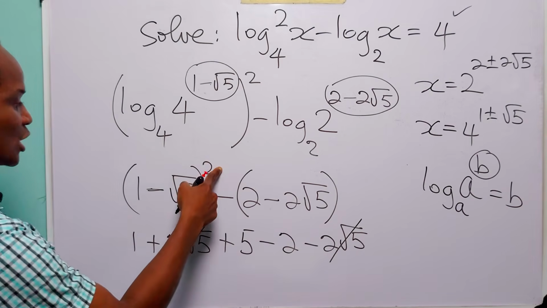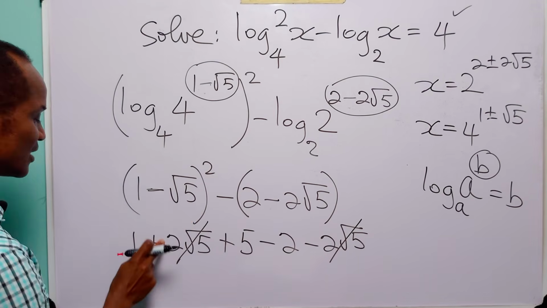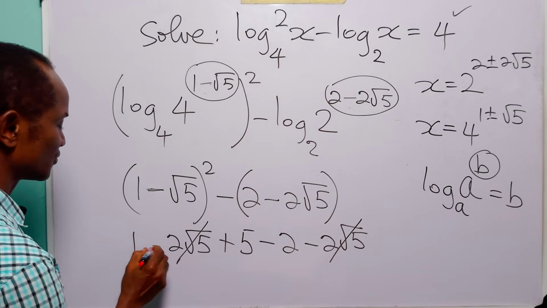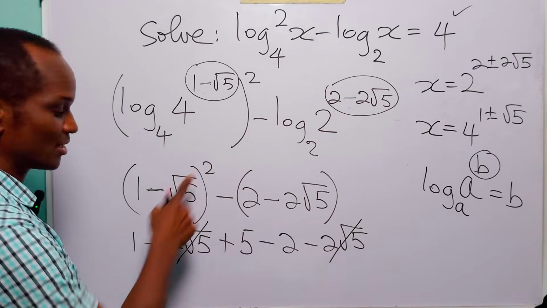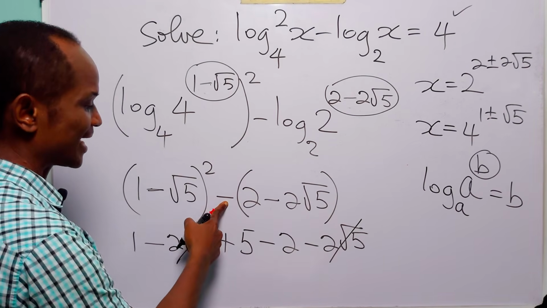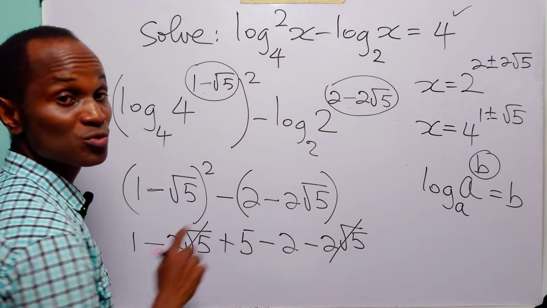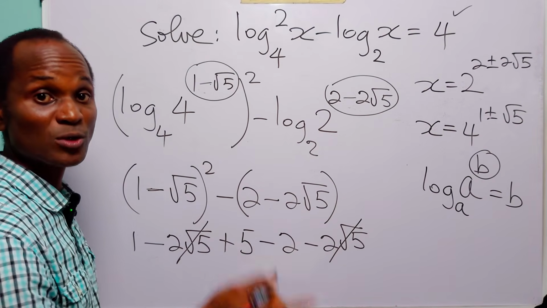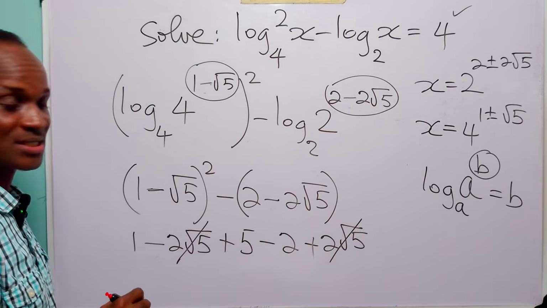But here we now have 2 times 1 times minus root 5, so that is going to give us minus 2 root 5. We still have minus root 5 squared, which of course is equal to 5. Now we have minus 2, and we have minus 2 root 5, which of course is equal to plus 2 root 5.